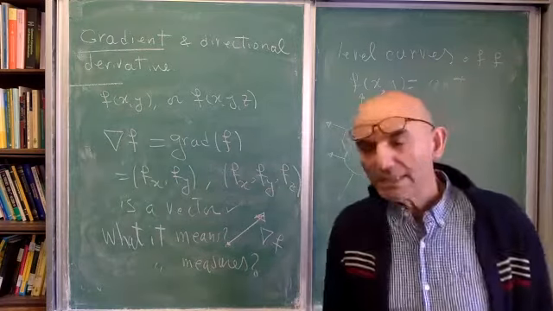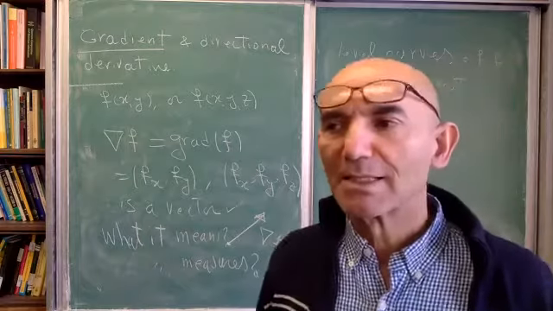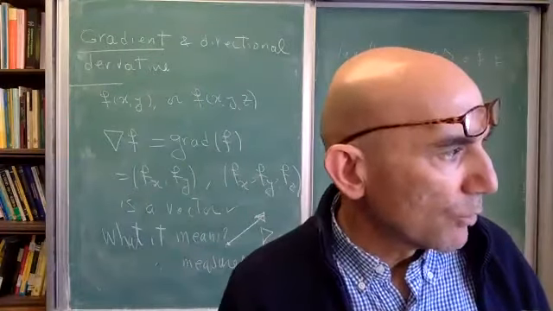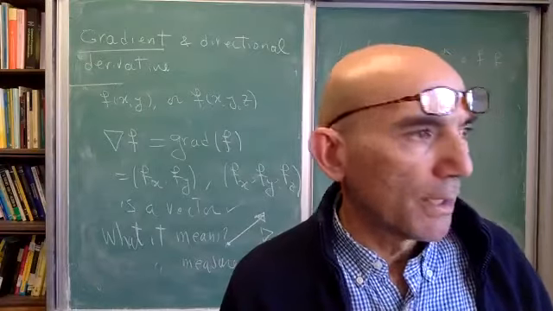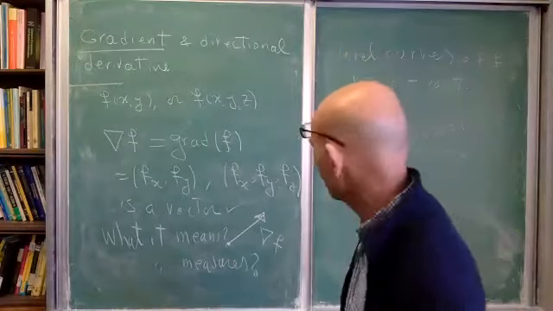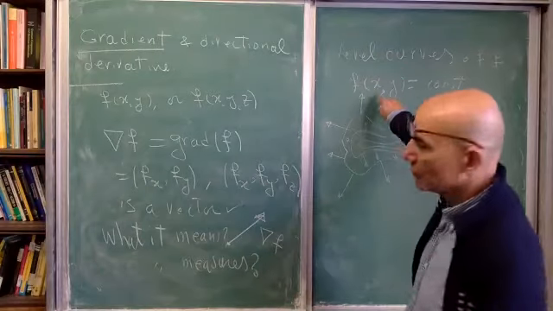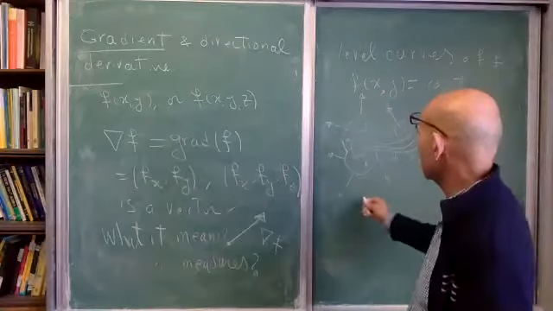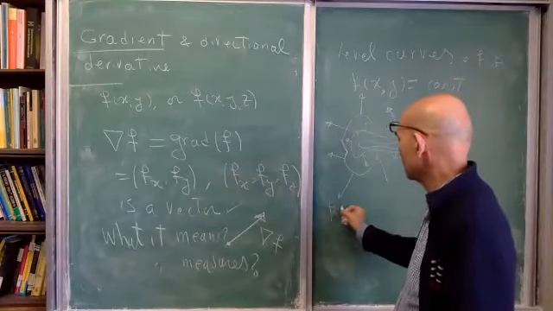So it's a very nice picture. The direction of the gradient is the normal to your level curve directions. Now, this is for functions of 2 variables, but we can have a function of 3 variables. In that case, level surfaces.